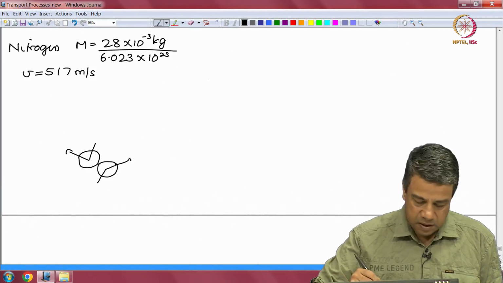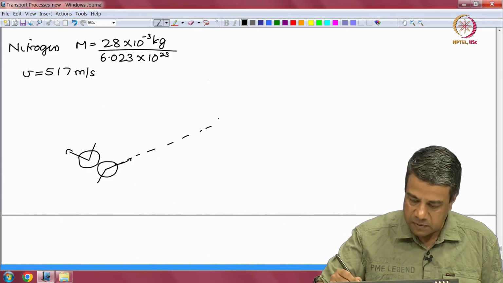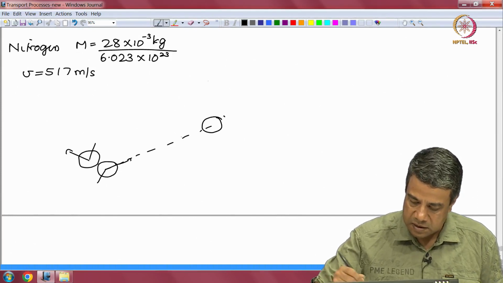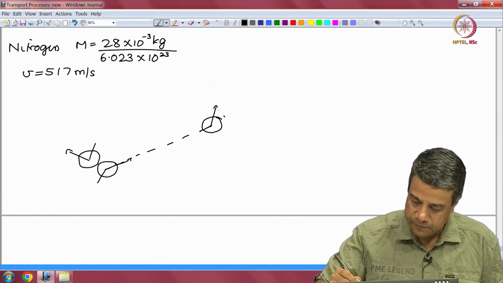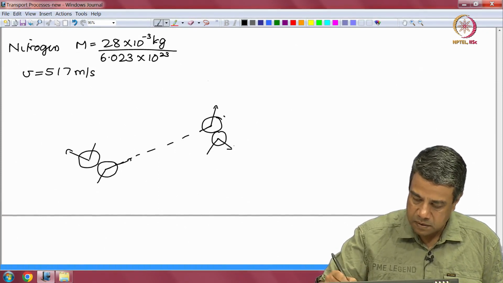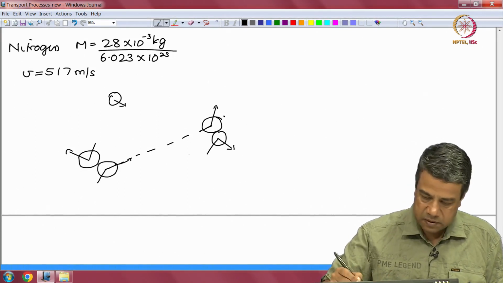And then it will travel some distance, after which it will undergo another collision and once again change its velocity due to collision with another molecule, in a gas which contains multiple molecules.